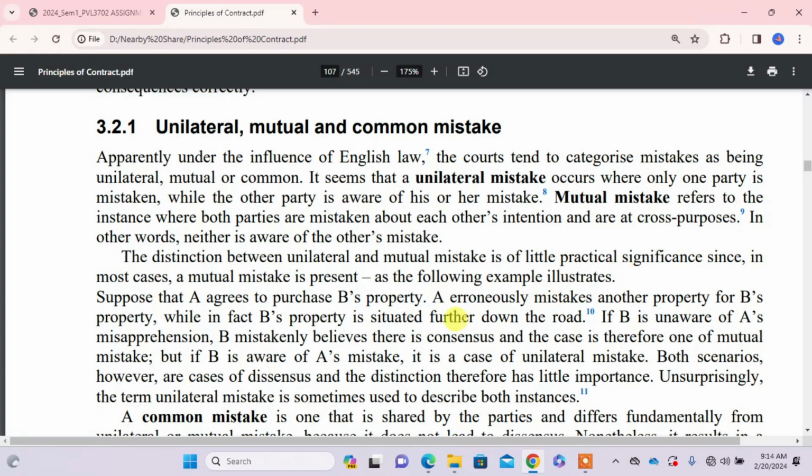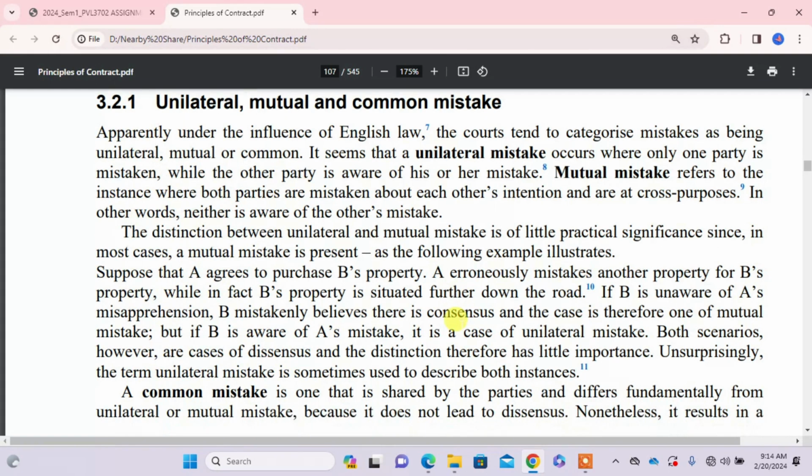They gave a scenario: suppose that A agrees to purchase B's property, A erroneously mistakes another property for B's property, while in fact B's property is situated further down the road.